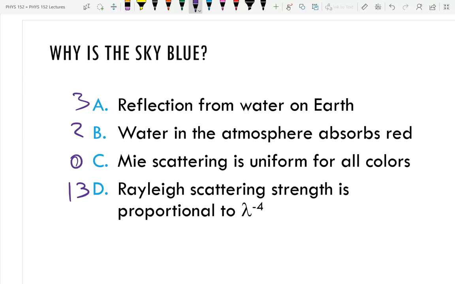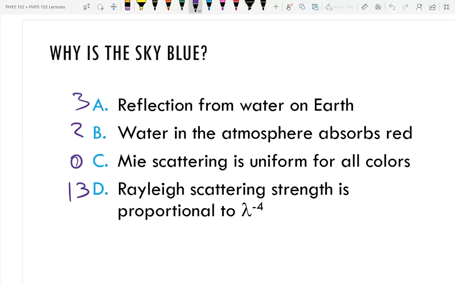Red is our longest visible wavelength, about 750 nanometers. That 400 to 750 is almost a ratio of 2. 2 raised to the 4th power is 16. So blue light is scattered about 16 times stronger than red light.